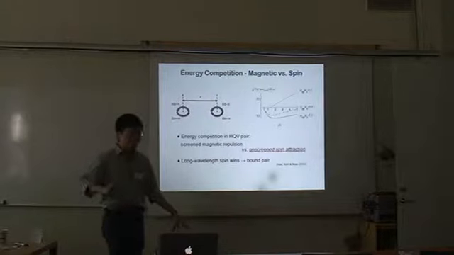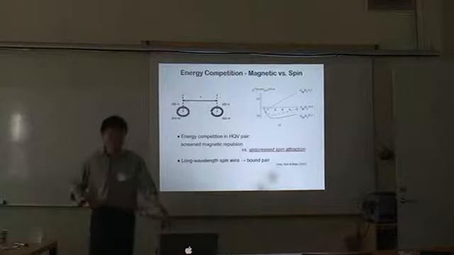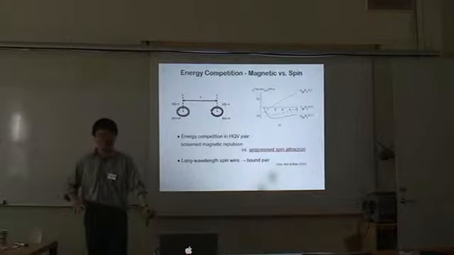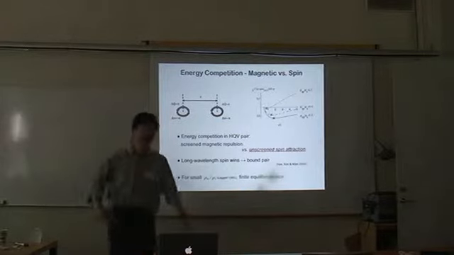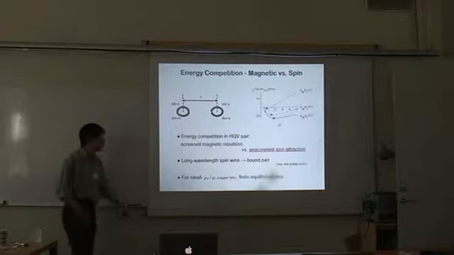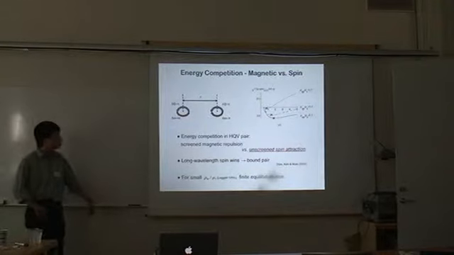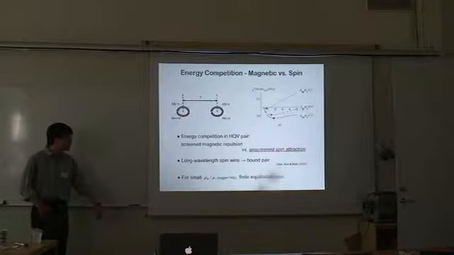So at this point, this whole half quantum vortex energetics looks pretty bad. But we still have something to take away from here. Because it has been argued by Tony Leggett in the past that this spin phase stiffness should be smaller than the charge phase stiffness, the overall phase stiffness.